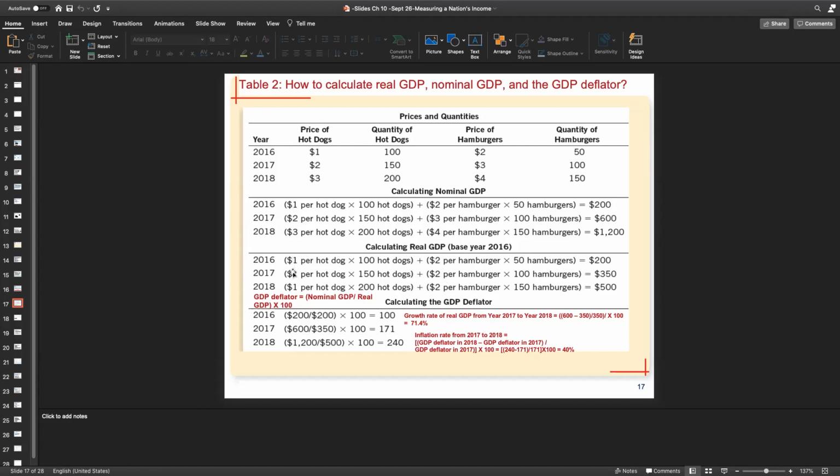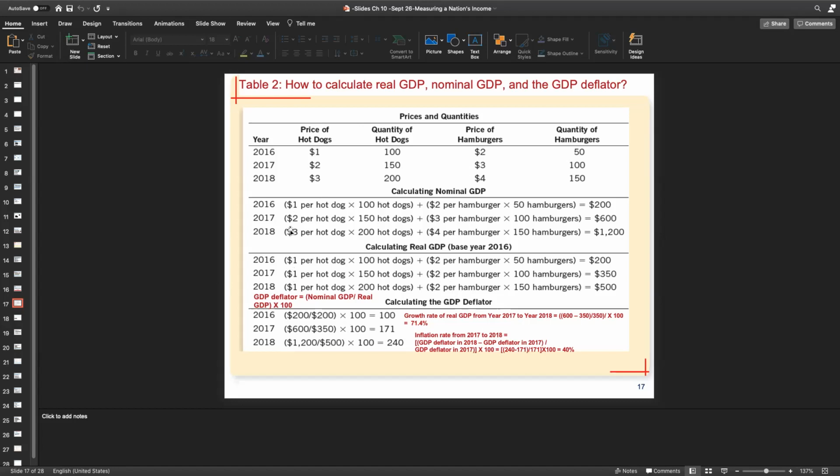So we put $1, $1, $1 for hot dog, and we keep the price for hamburger at $2 in 2016, $2 in 2017, and $2 in 2018.